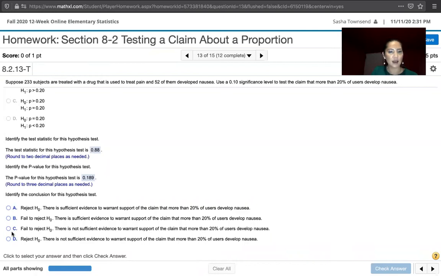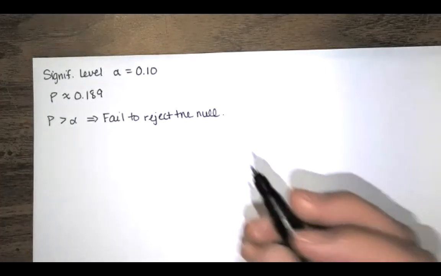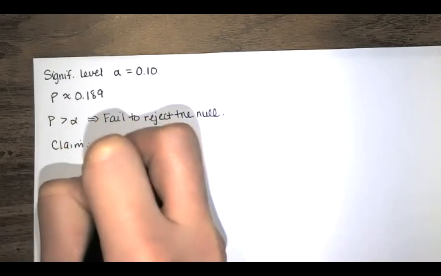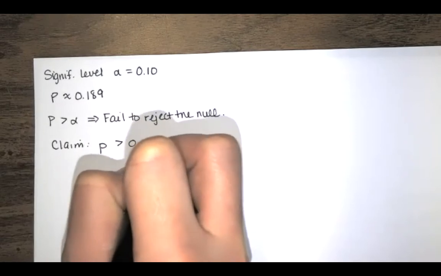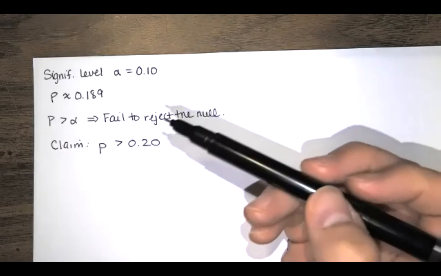Okay. Oh, and then it already asks for our conclusion. So in order to decide what our conclusion should be about the original claim, we need to think about the original claim. So I will share my paper with you again. Okay, so we know we're failing to reject the null. Now the original claim was that p is greater than 0.20. So that was the alternative hypothesis in this case.